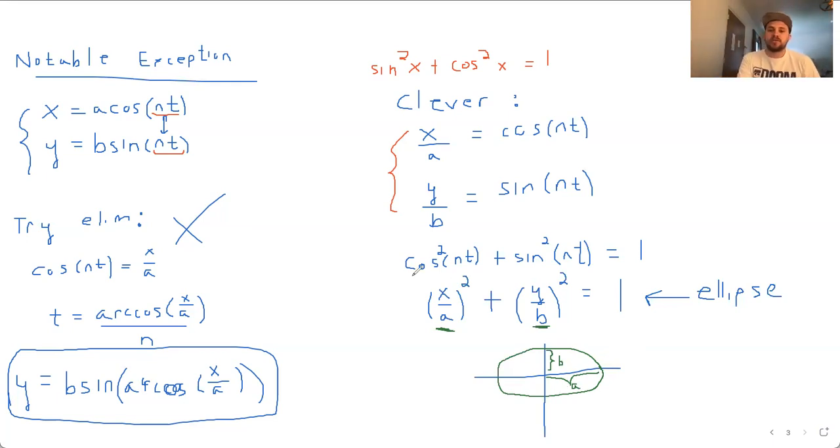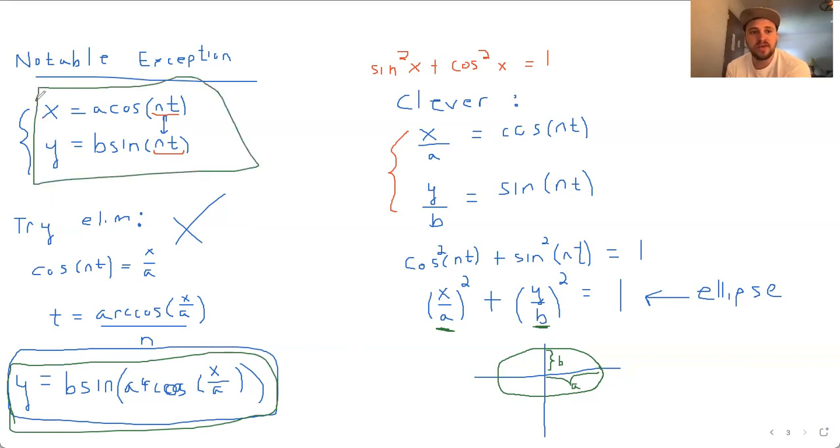This tells me so much more, and it's a lot cleaner of an expression than what this was over here. And so that's why when there is an exception to the steps I gave on the previous page, when you see something of this form, you want to think trig identity to get to your function in rectangular coordinates.